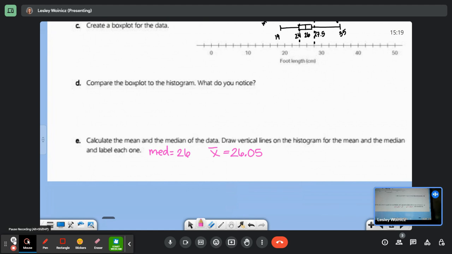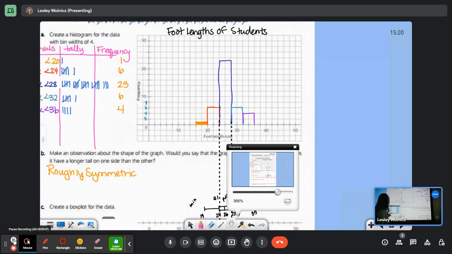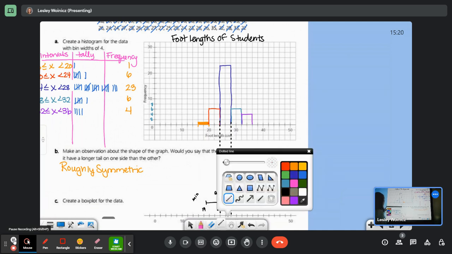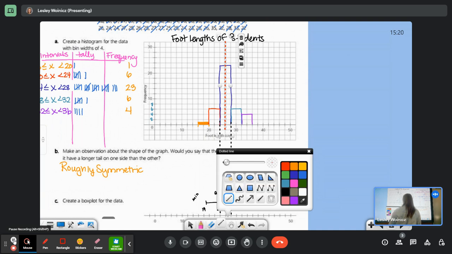So what I'm going to have you do is draw vertical lines just for the median. And for this one, you don't have to do the mean. Okay, just do the median, a vertical line, make it nice and straight. I'm going to use my little ruler guy. It doesn't line up. 26 is right here, right?